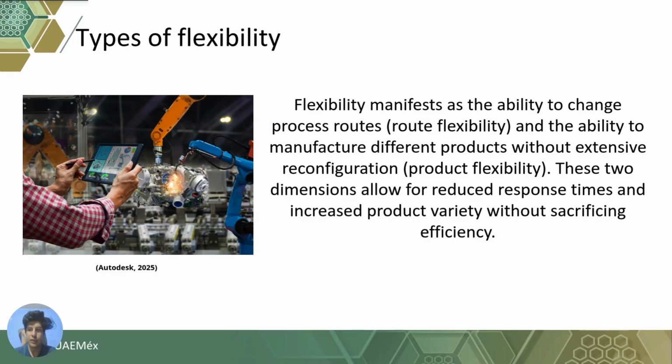Product flexibility allows the manufacturer to reconfigure different products, changing their attributes, parameters, or tools. The two dimensions make it possible to respond quickly to changes in demand or to introduce a product variant without significant losses in efficiency.